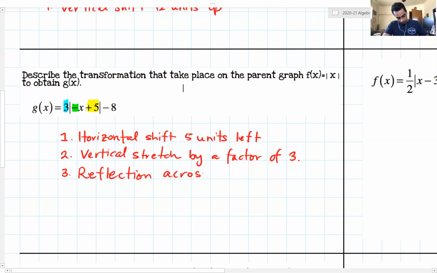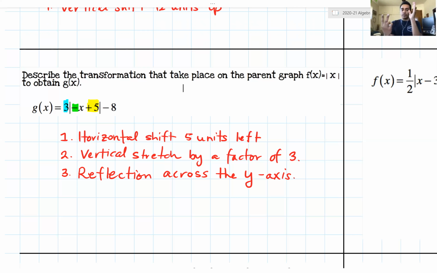Yeah, reflection across the y-axis. Remember that this is a type of transformation that will essentially mirror across the y-axis. So if it's already been shifted, it'll reflect and mirror, and then it'll end up being that many spaces away from the y-axis on the other side.